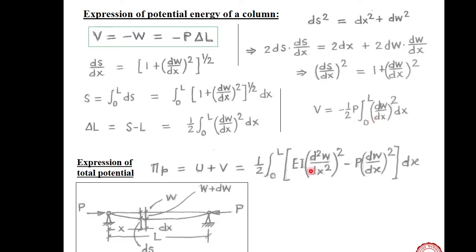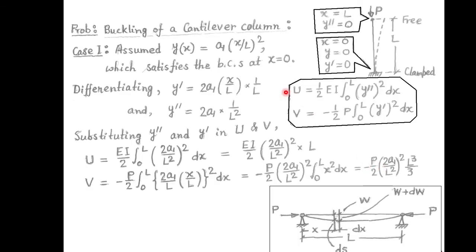If we substitute for y prime and y double prime here, this is our u. After evaluation, this is a constant, so ultimately it becomes like this.